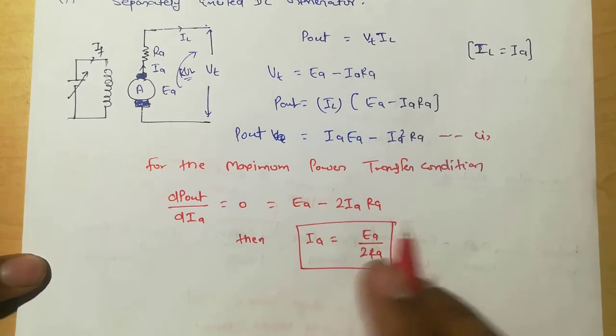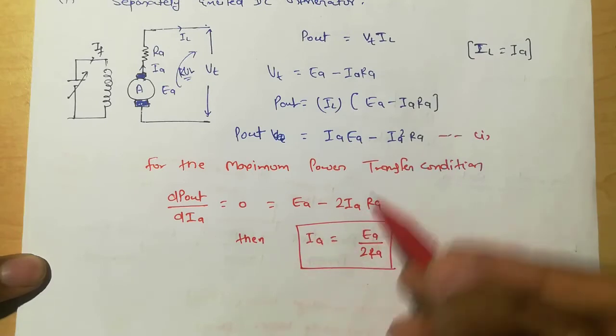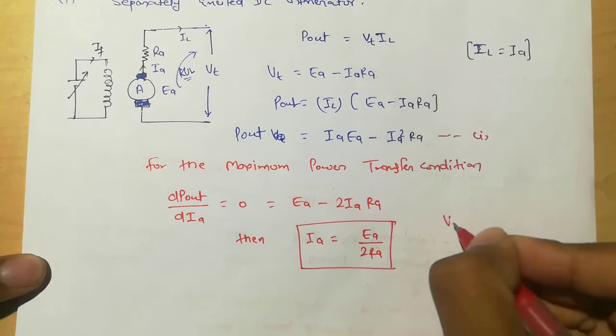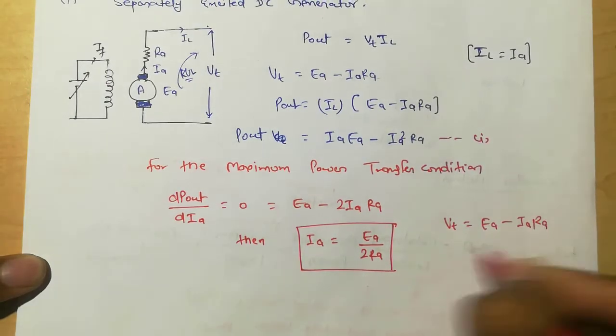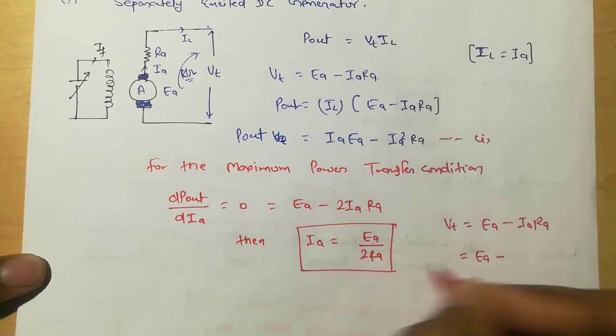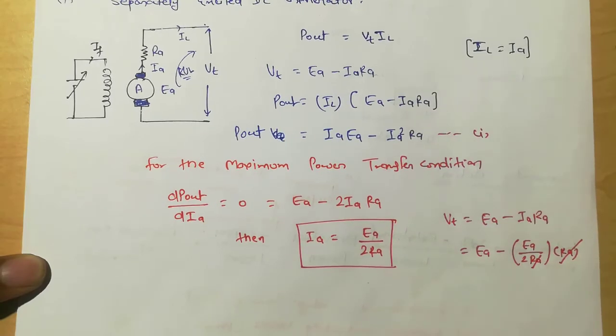Now in terms of voltage, we put this value of IA into the equation. Vt is EA minus IA RA, so EA minus EA upon 2RA into RA; RA cancels out, then EA by 2 is Vt.